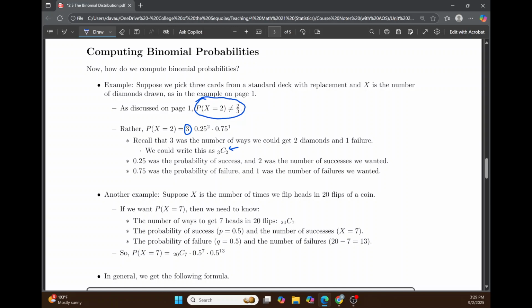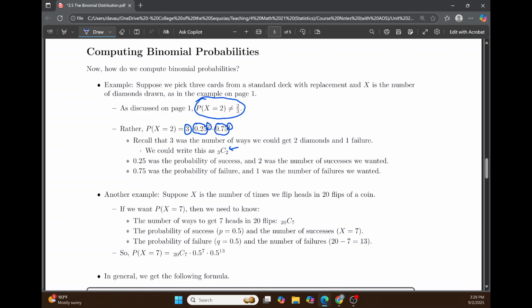Because we're going to have 3 draws, and we need to choose 2 of them to be successes, right? 3 choose 2. 0.25 was the probability of success, right? It was the probability of choosing a diamond. And 2 was the number of diamonds that we wanted to select. And then finally, 0.75 was the probability of drawing a card that was not a diamond, and 1 was the number of non-diamonds that we wanted to select, right?